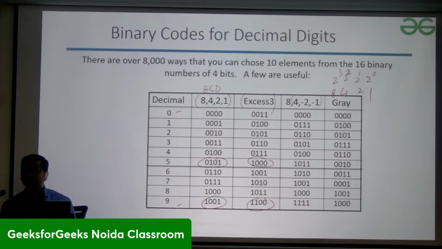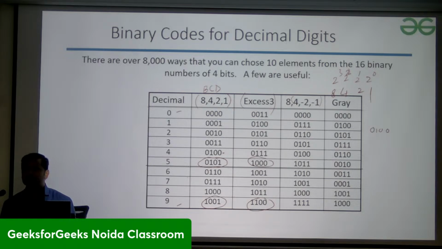Gray code. Let me have one example here. Let's say 4 is represented as 0, 1, 0, 0.